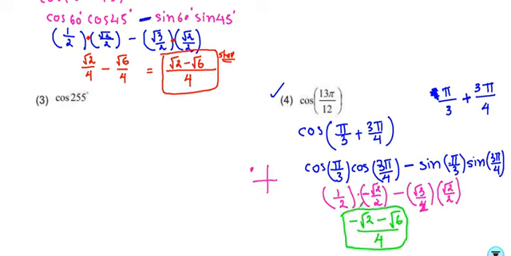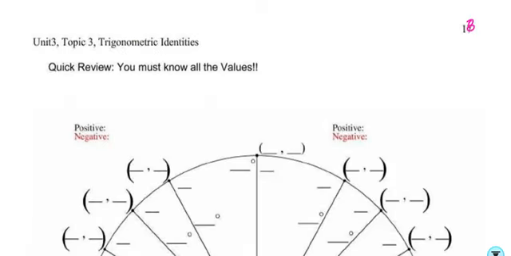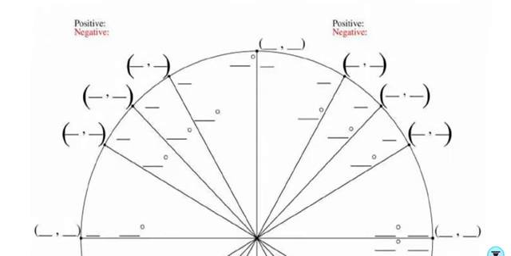So somebody would say, why are these answers similar looking? Sometimes you will even have the same answers. Why? The answer is very simple: because you have seen on the unit circle, all the values are repeating. Don't you see that? This number is the same as here. They are repeating.